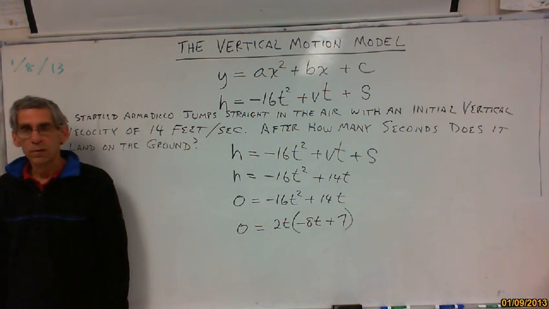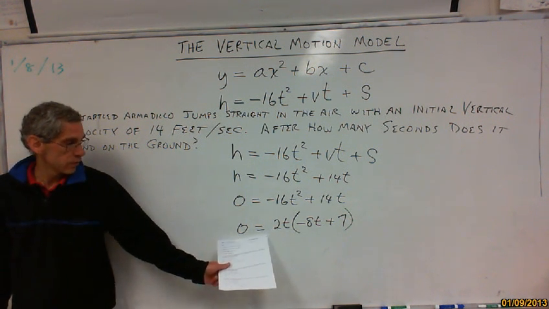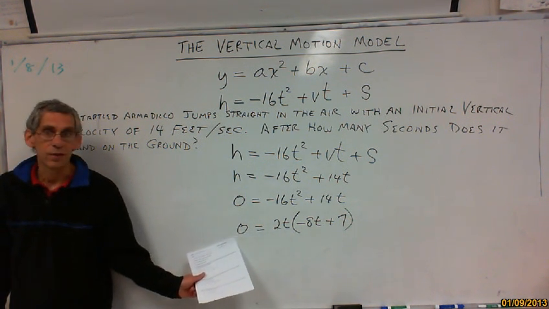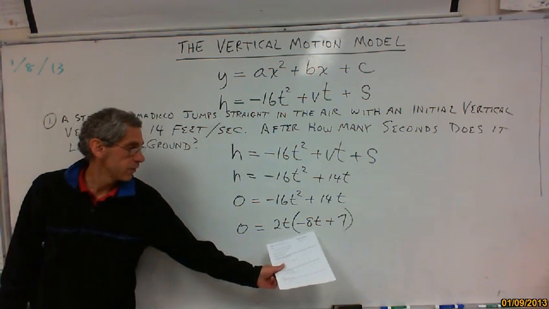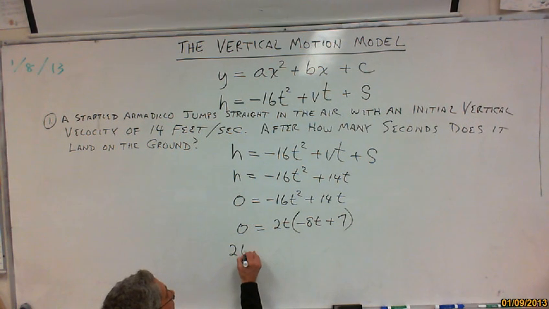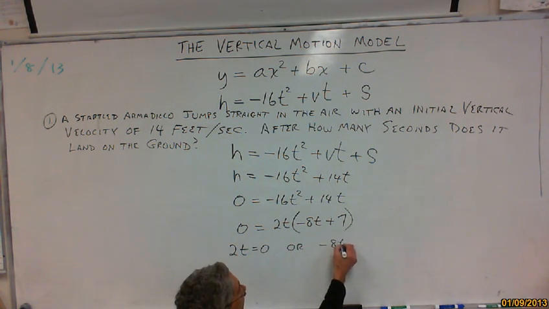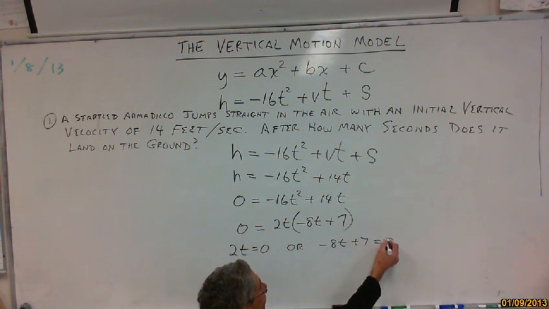If a times b equals 0, then either a equals 0 or b equals 0. So we have our two factors: either 2t equals 0 or negative 8t plus 7 equals 0.